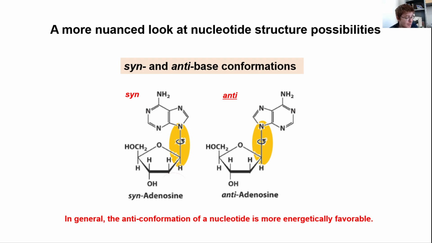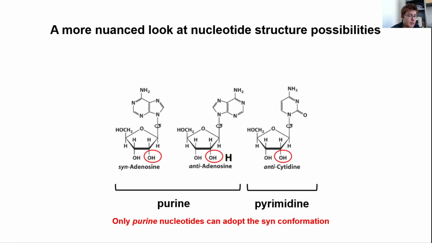And in general, I think it's pretty easy to imagine that, from a steric point of view, placing your nucleobase right over the top of your sugar is not going to be that great compared to putting it away. And so in general, the anti conformation of a nucleotide is more energetically favorable. But that isn't to say that the syn conformation doesn't exist or doesn't play a role.